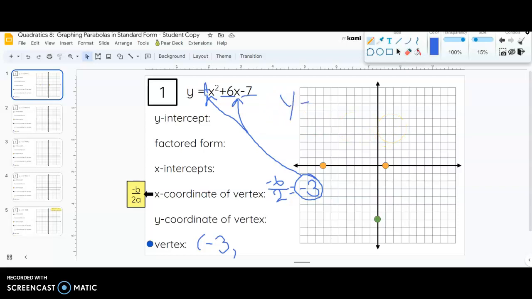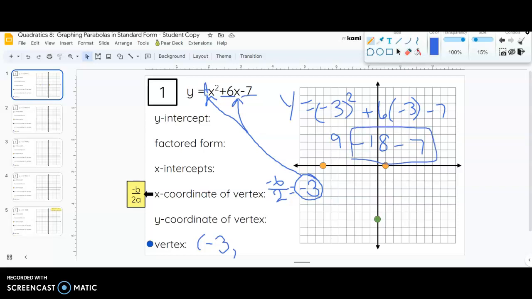So y equals -3 squared plus 6 times -3 minus 7. -3 squared is +9. And then 6 times -3 is -18. I could write plus -18, but I'm just going to do -18. And then -7.